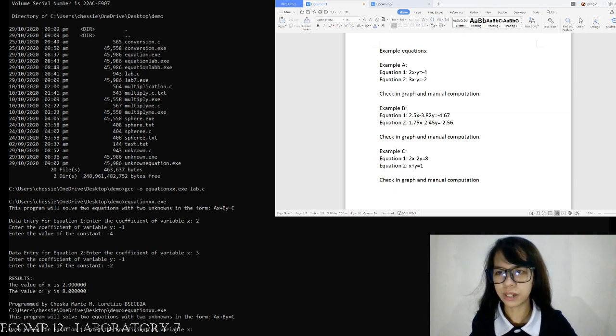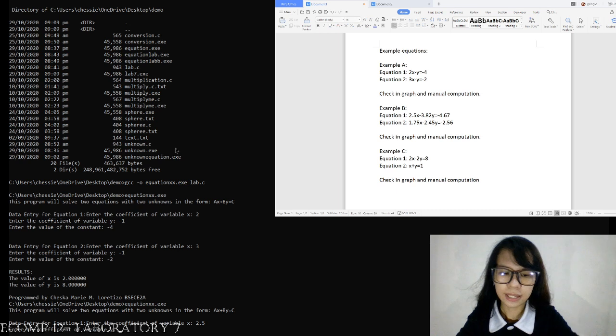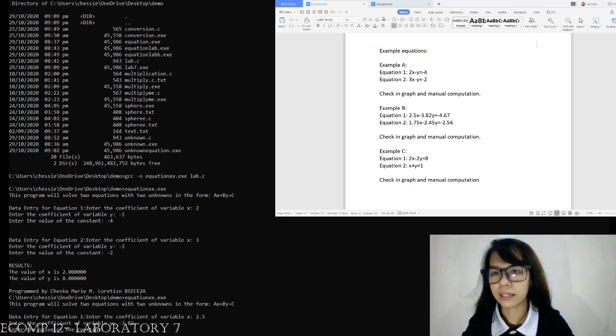Example A, the variables there are 2.5 for x, negative 3.82 for y, and the constant is negative 4.67.